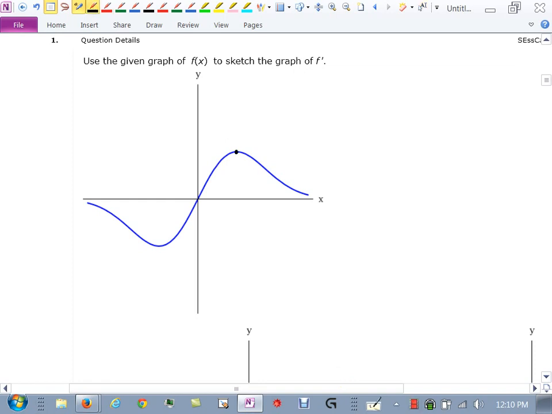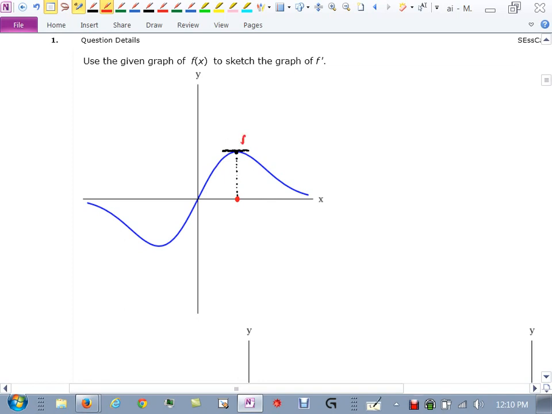If I look at this value of x, the slope of the tangent line here is flat, it's 0, which means our derivative's value here would be 0. So I would put a red dot there on the x-axis.